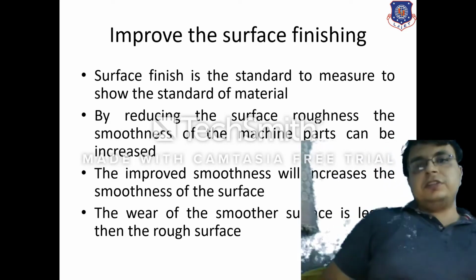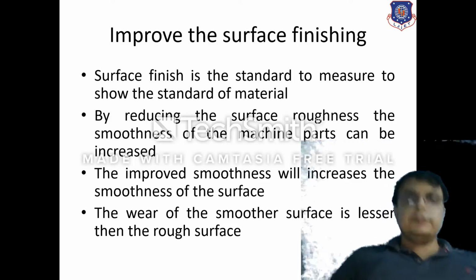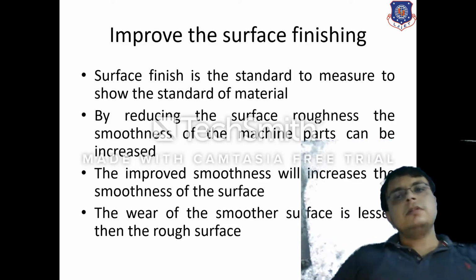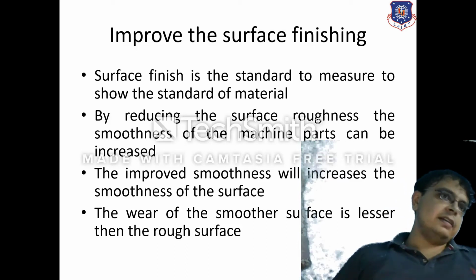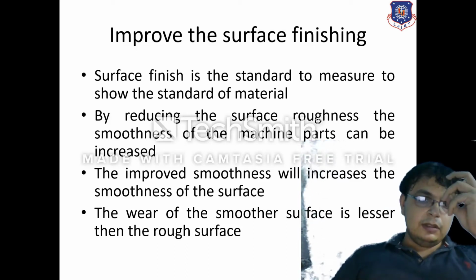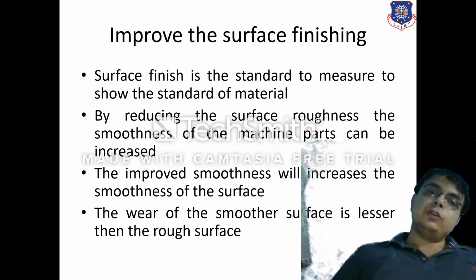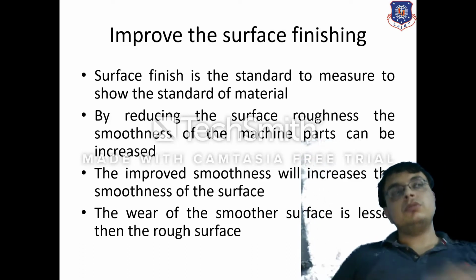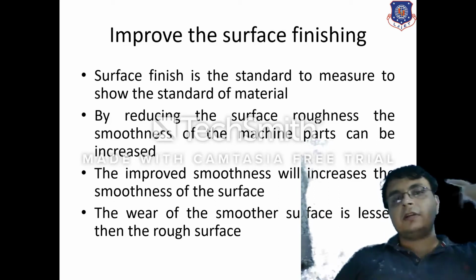Improve the surface finishing. The surface finishing of the machine should be increased. Surface finish is a standard to measure the quality of the material, meaning how good the surface is, how good the material will be.